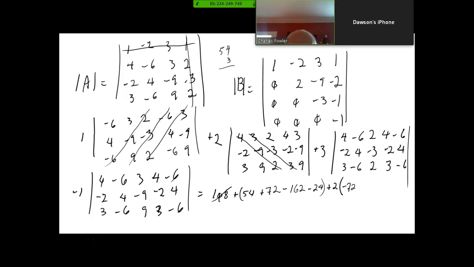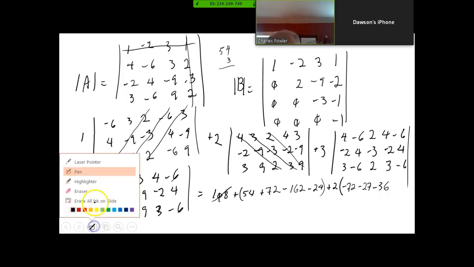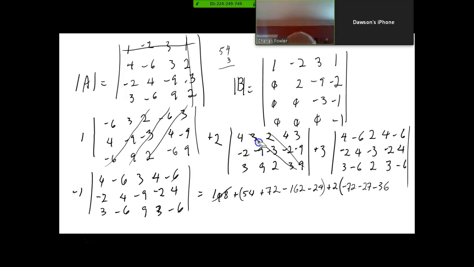And this one will be -27. And this one will be a -36. Right. Okay, I'm going to wipe out my down diagonal line so we can see a little better. Oh, I lost my 2. And make sure it is a 2.